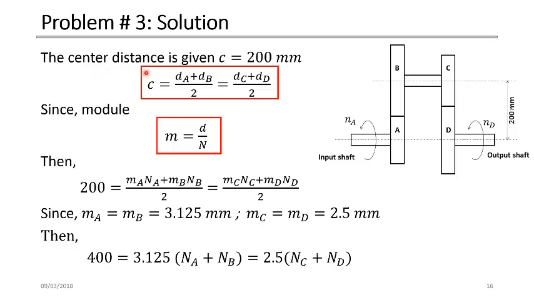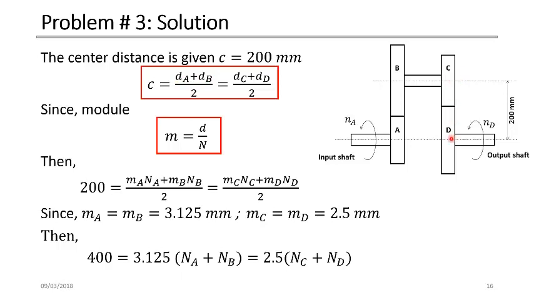The center distance here was given, it's exact, 200 millimeters. So we say that C, the center distance, is dA plus dB divided by 2 if we consider the first stage. The center distance is the distance between this center line and this center line. So it's the radius of this gear plus the radius of this gear, or the diameter of gear A plus the diameter of gear B divided by 2, which is eventually the radius of A plus the radius of B. They are the same here.